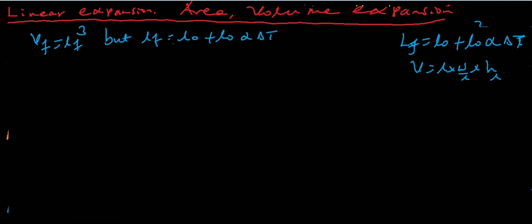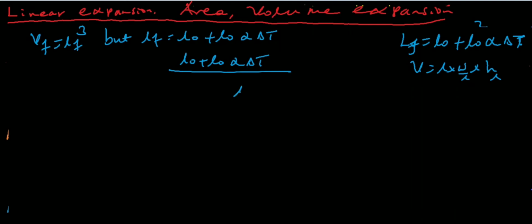Let me multiply it 3 times to find the volume expansion. First, let me find the square, which is L naught plus L naught alpha change in temperature.